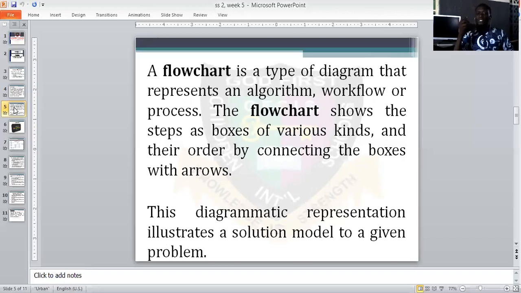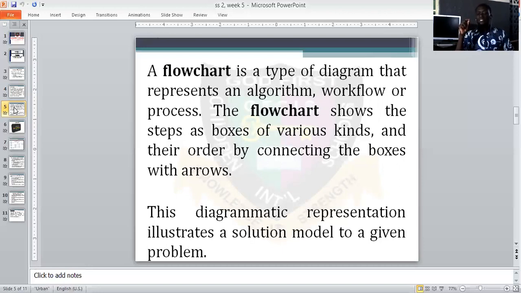The flowchart shows the steps as boxes of various kinds and their order by connecting boxes with arrows or lines. This diagram representation illustrates the solution model given to a problem.